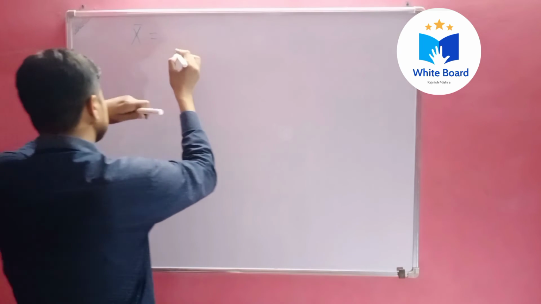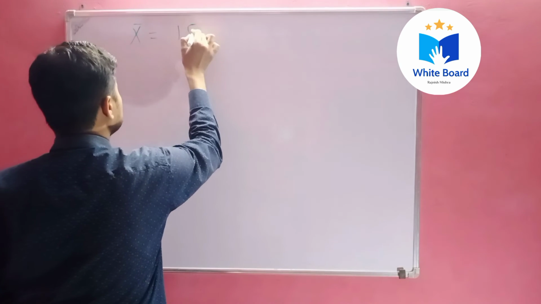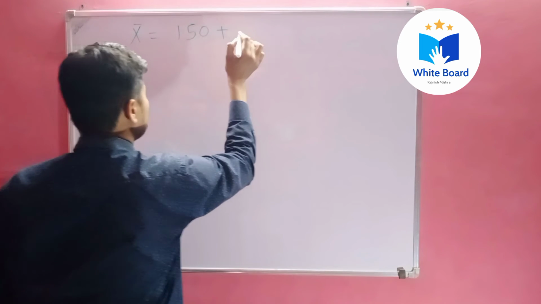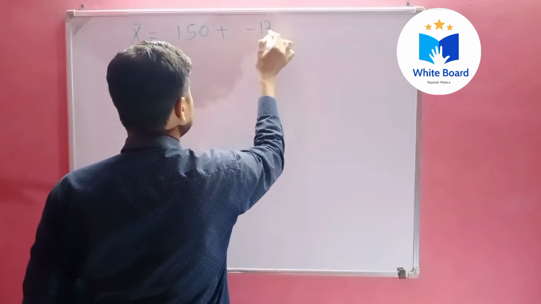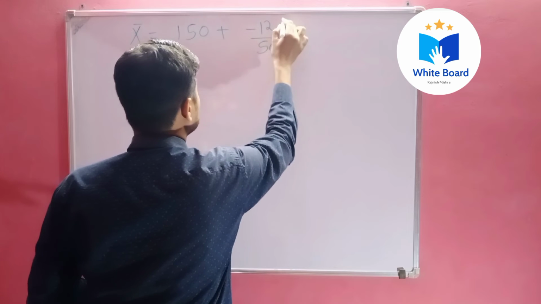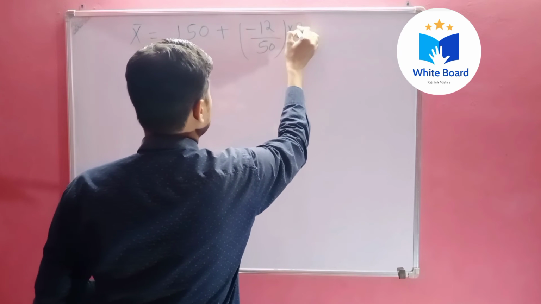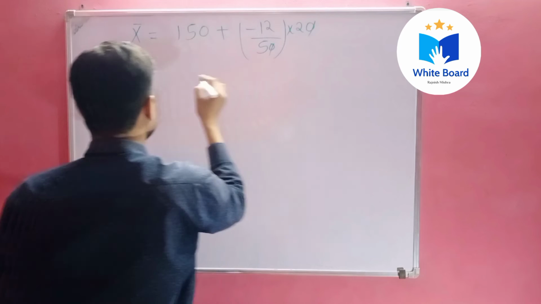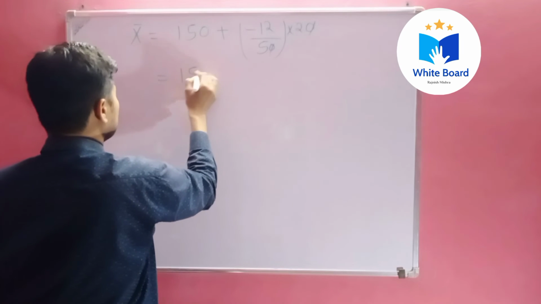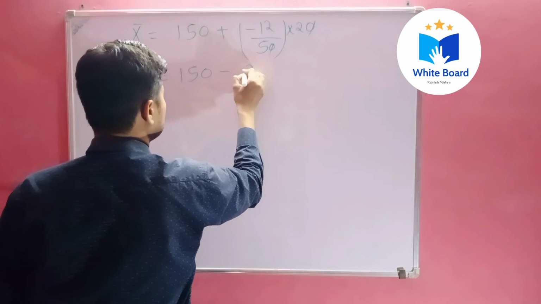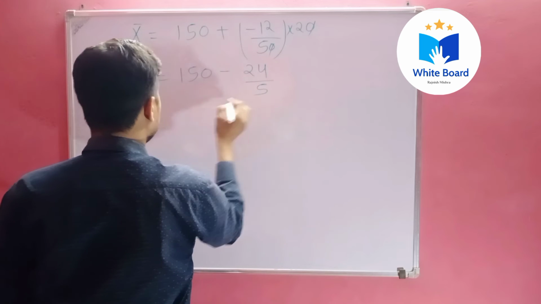Mean x bar is a, that is 150, plus summation fi ui, that is minus 12, upon summation fi, that is 50, multiplied by h, which is 20. Here the zeros cancel out, and we get 150 minus 12 times 2, that is 24, upon 5.